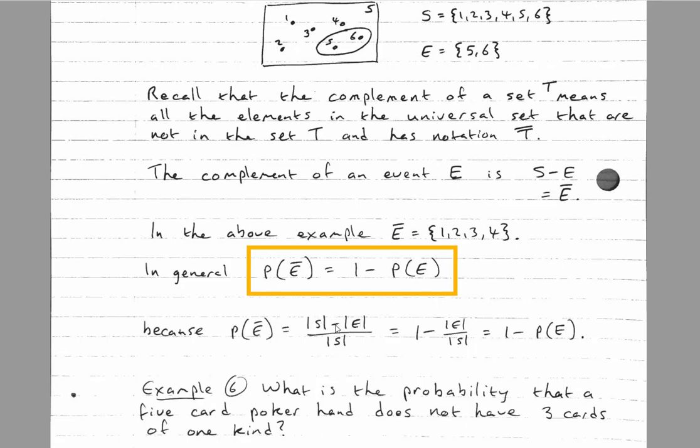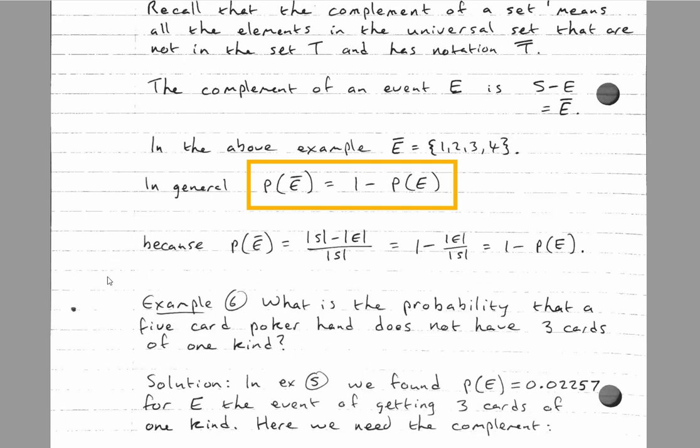Okay, so that's the number of ways that E bar can happen. And divide by the cardinality of the sample space, and just simplify. So it's 1 minus this, and this is the probability of E. Alright, so it makes sense.